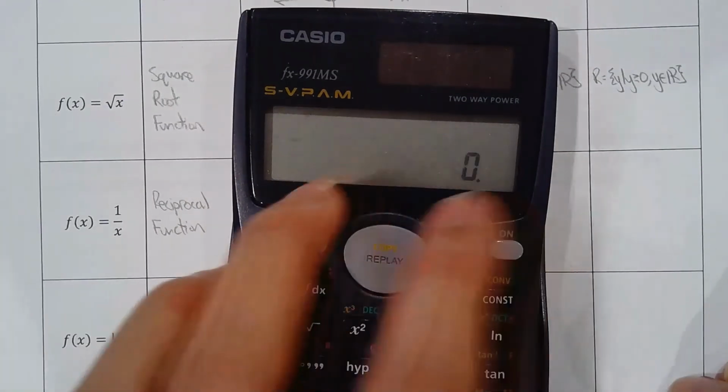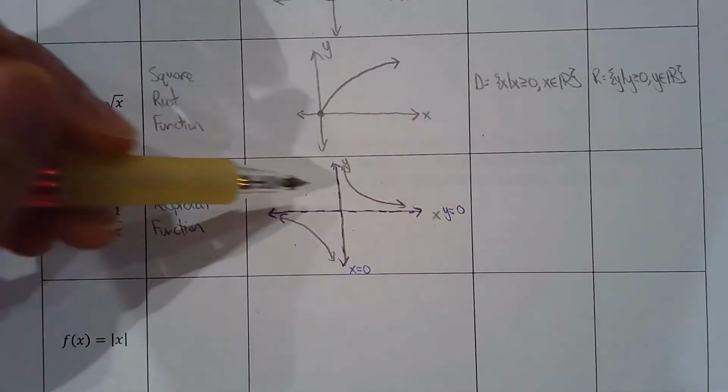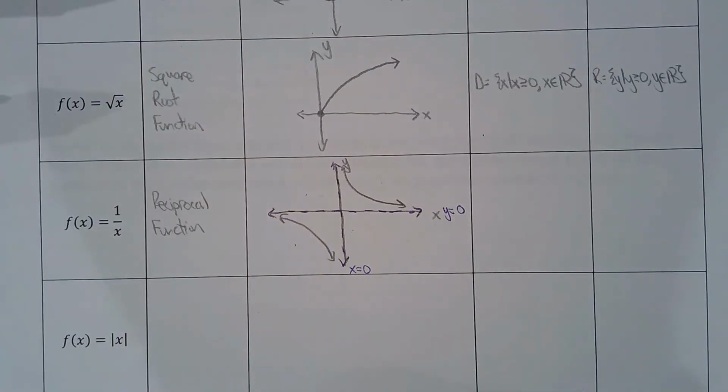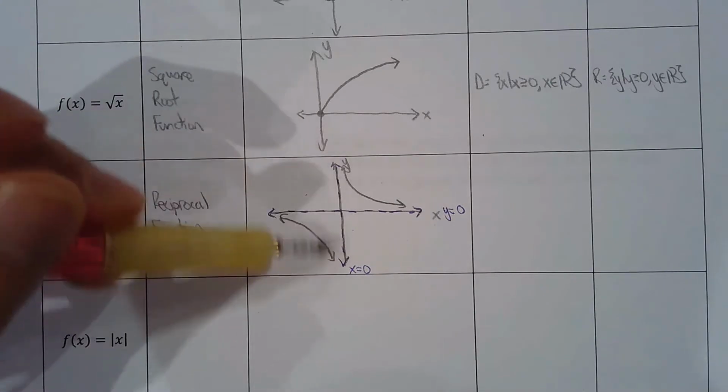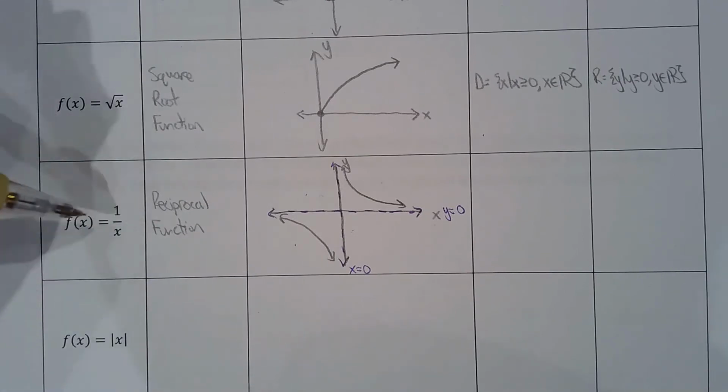And of course, they could grow greater in magnitude with a positive value or a negative number. So that explains why you have a vertical asymptote and a horizontal asymptote for the reciprocal function. If you ever forget why that's the case, just look at the equation, and it makes perfect sense.